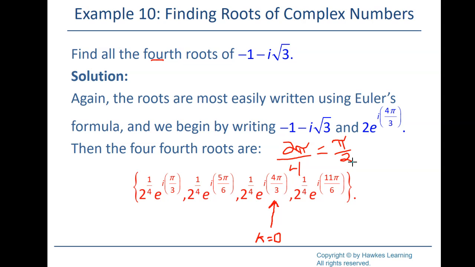So if I add pi over 2 to 4 pi over 3, the common denominator there is 6, right?